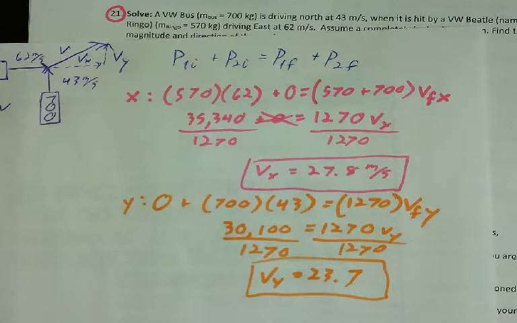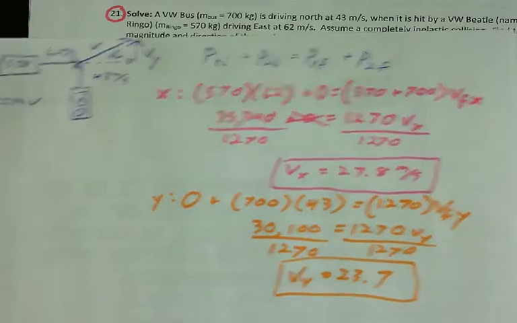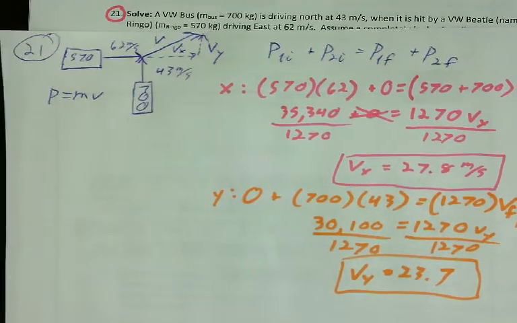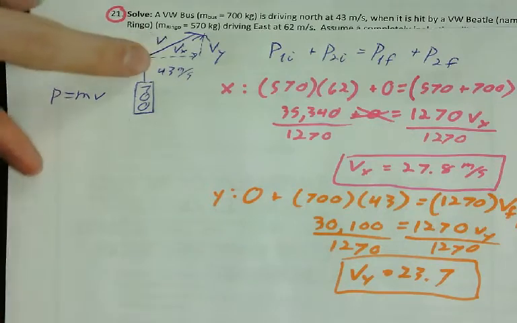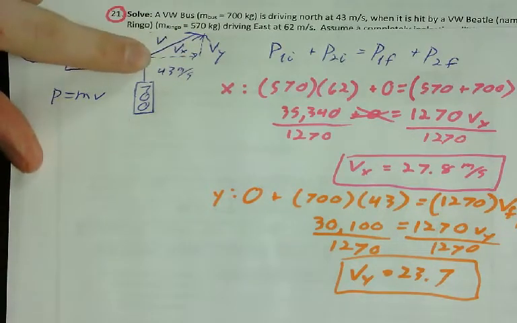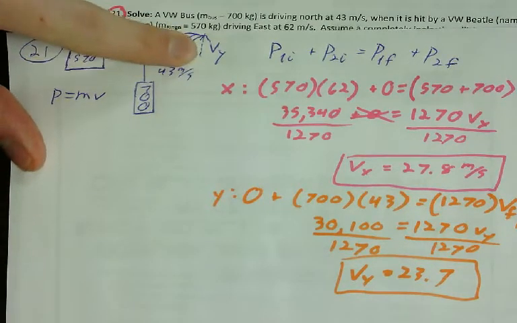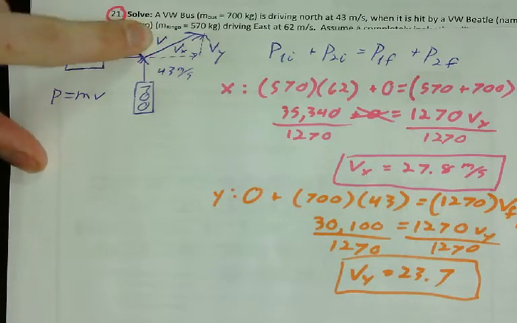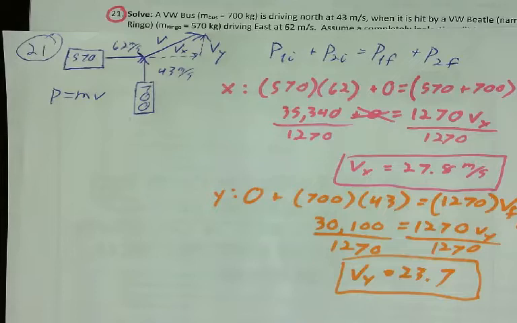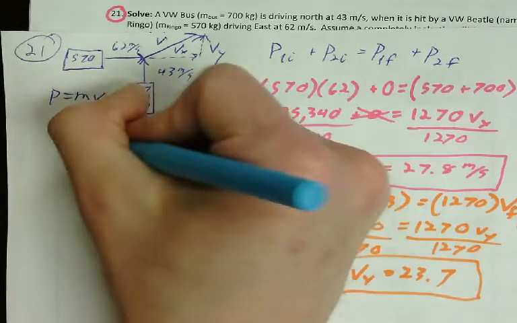Now, all that's left to do is to figure out the total velocity. So I have x and y, or I have a and b as my sides of my triangle. I need to find c, the resultant vector. So that's going to be Pythagorean theorem. A squared plus b squared equals c squared.